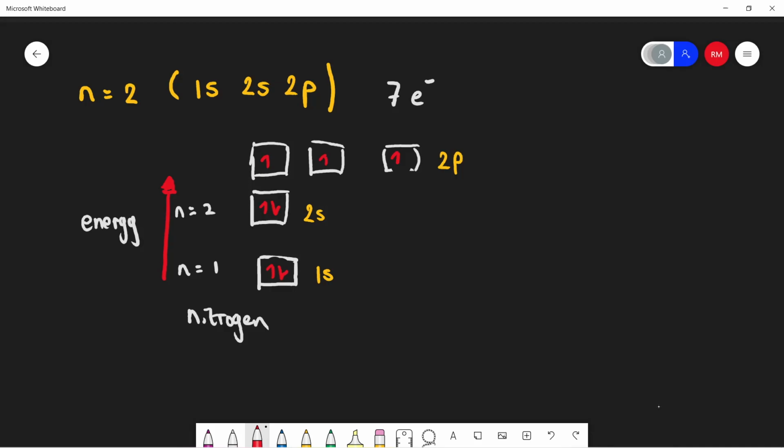Now, this means that as we write out our electron configuration here, 1s, 2s, 2p, we can now fill in these numbers, can't we? 1s2, 2s2, 2p3.